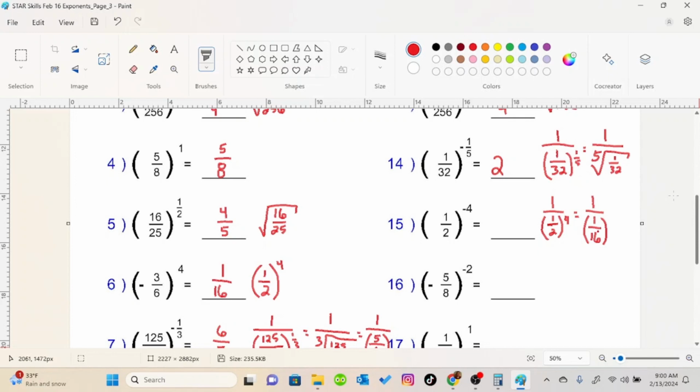Dividing by a fraction is the same as multiplying by the reciprocal. The reciprocal of 1 over 16 is 16. 16 times 1 is 16.